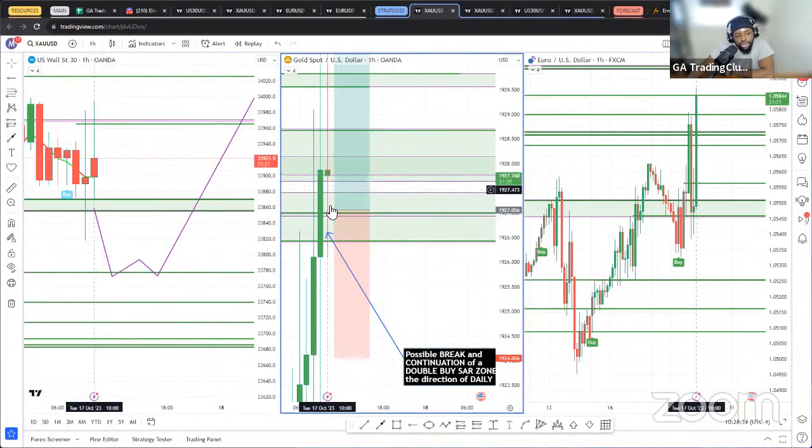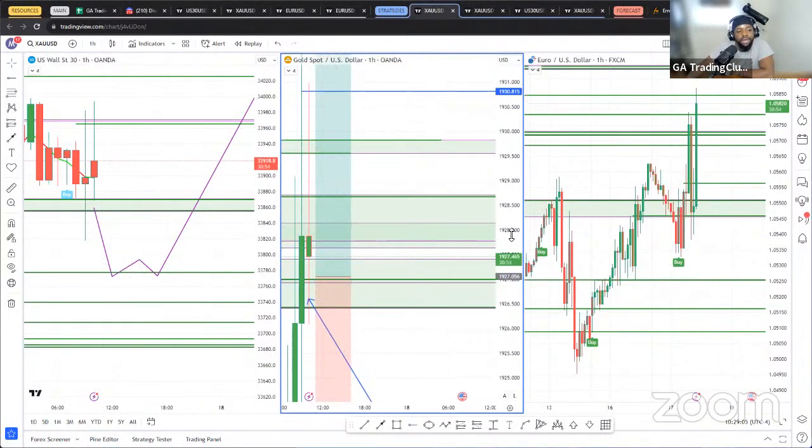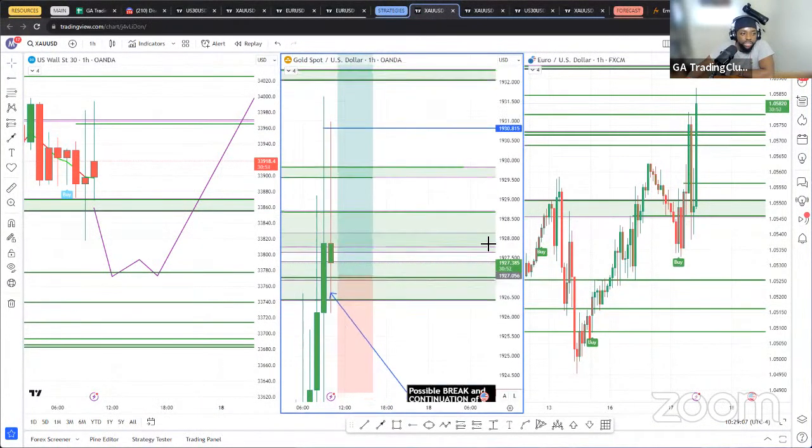If this current hourly candle closes in between these SARs, the trade has been invalidated. For the trade to be valid, this current hourly candle has to close above 1927. Anywhere lower than that, the trade is invalid because the continuation candle will have closed below or within the SAR level. If the current hourly candle closes all the way to the upside, again, I would wait for a retracement, and then watch it from there.